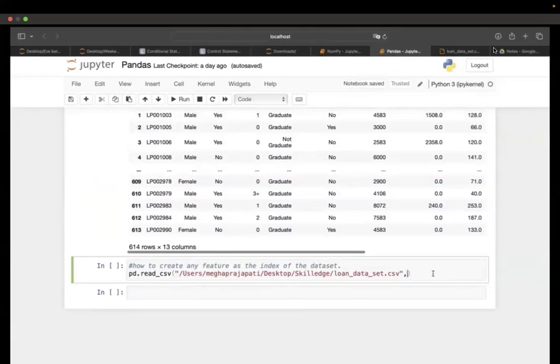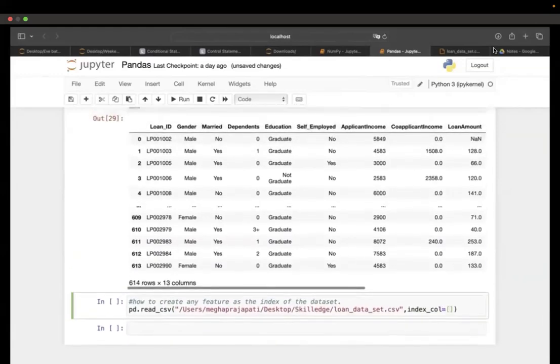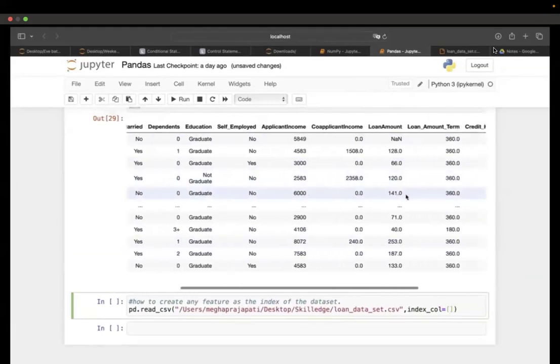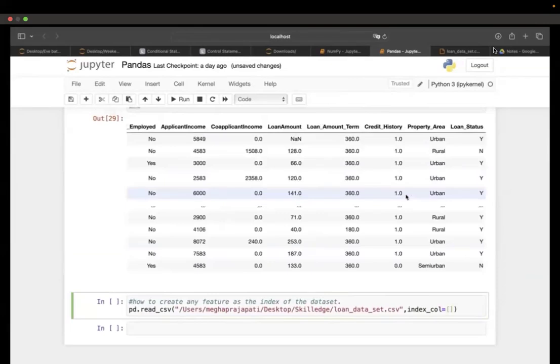Now, suppose I want to create some particular feature as the index of my data set. I can simply write index_col and mention that particular column inside it within square brackets. Which of the columns can I create as the index? Yesterday we had a discussion over this loan ID, where we were talking about the uniqueness of the entry, right?